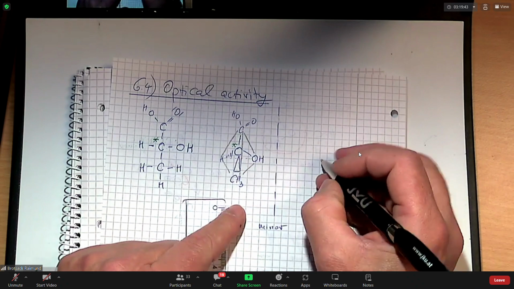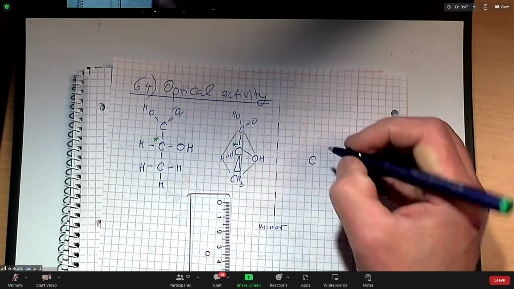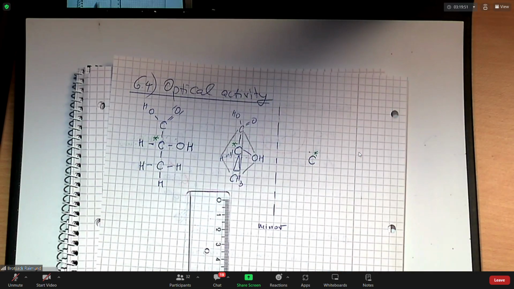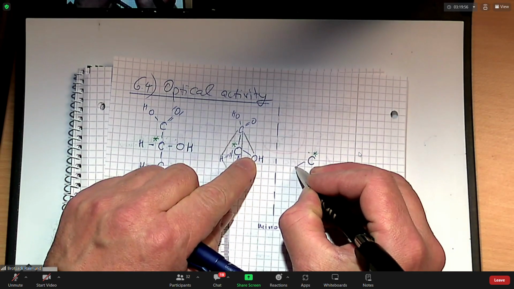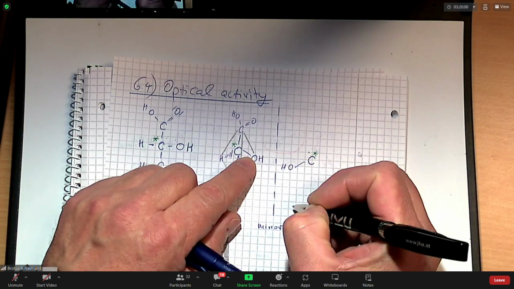I have this carbon atom again in the middle of my tetrahedron. That is what I am looking at. Then I have this OH. Now it's looking to the mirror. It's nearest to the mirror.